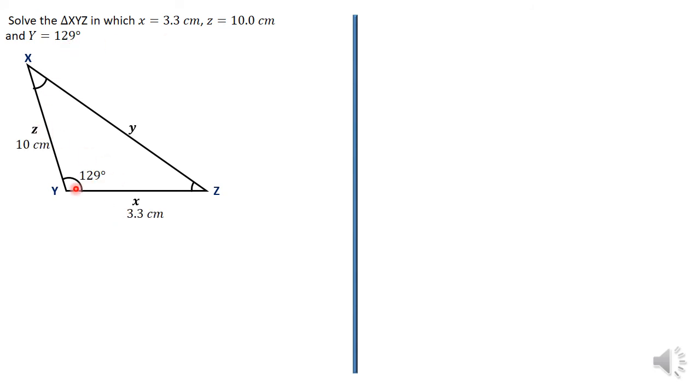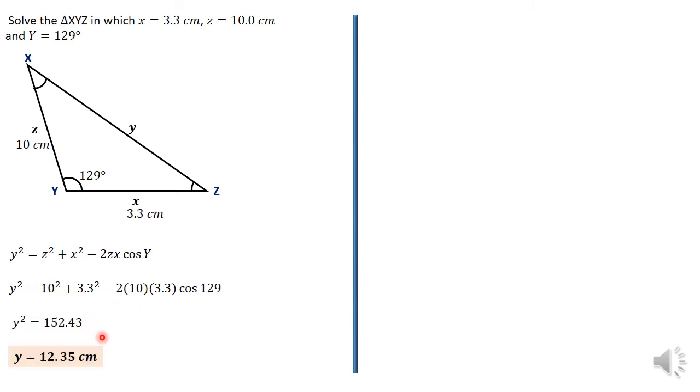So this time around, we've been given two sides and an angle between the two of them, and this will be appropriate for us first of all to look for the length marked with small letter y, that is opposite to the angle 129, and therefore I have that expression there, that y squared is equal to the sum of the squares of the two other sides x and z minus twice their product cosine capital Y, and therefore those values are put in the formula there, and just solve that, you get y squared is 152.43, therefore y will be the square root of that, which is 12.35 centimeters.